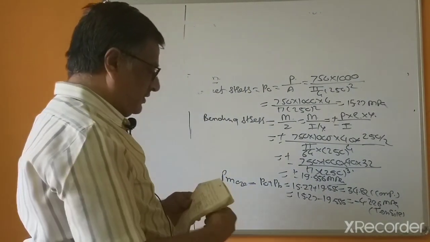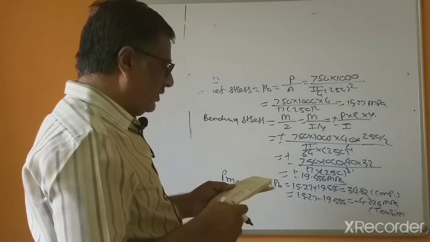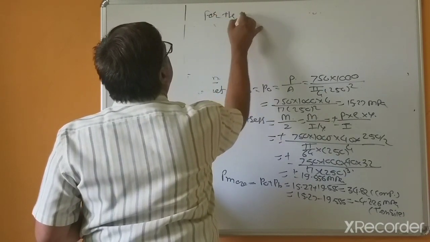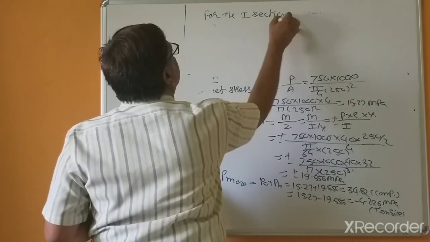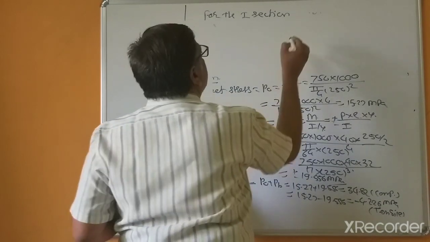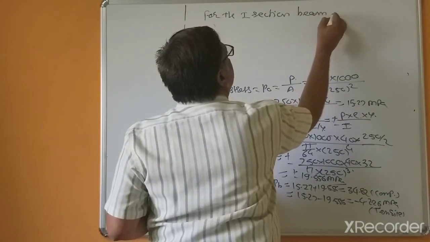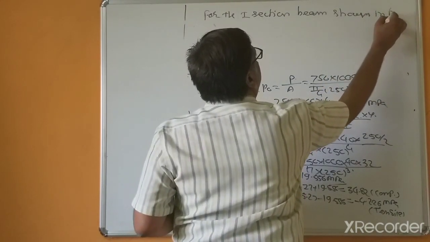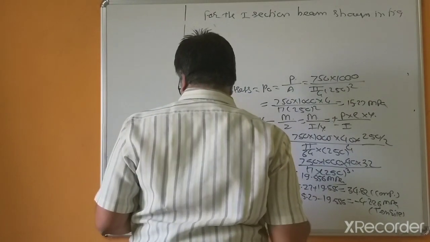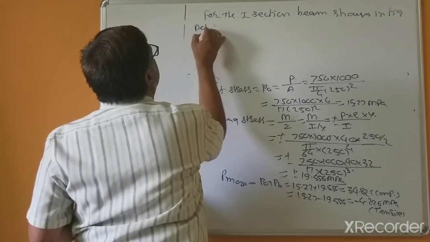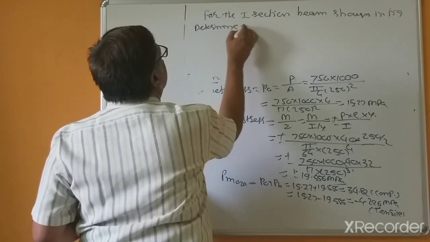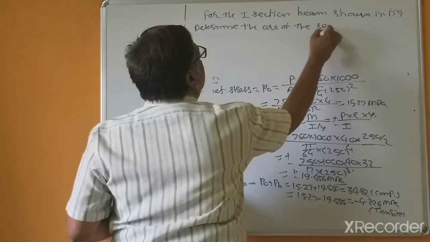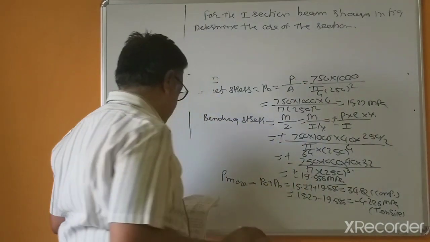For the I section beam shown in figure, determine the core of the section.